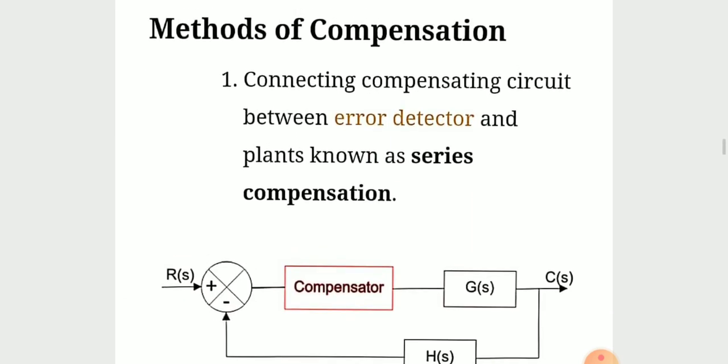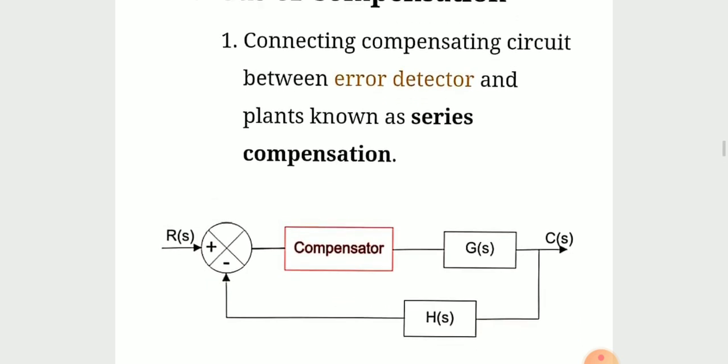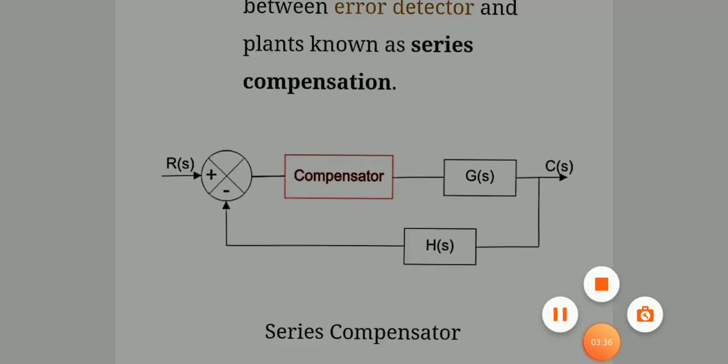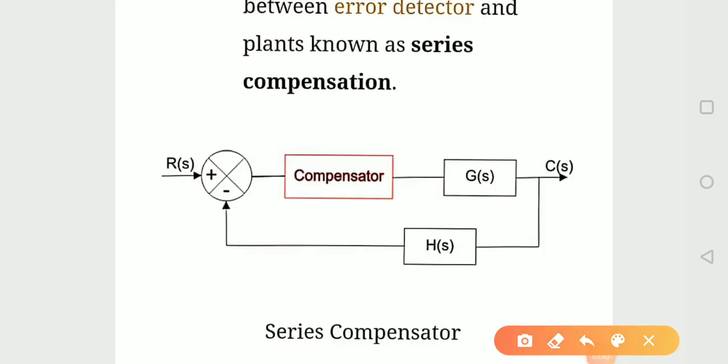Now what are the methods of compensation? We have three types of methods. First is series compensation, connecting the compensating circuit between the error detector and the plant. You can see here we have an error detector, and this is the plant.